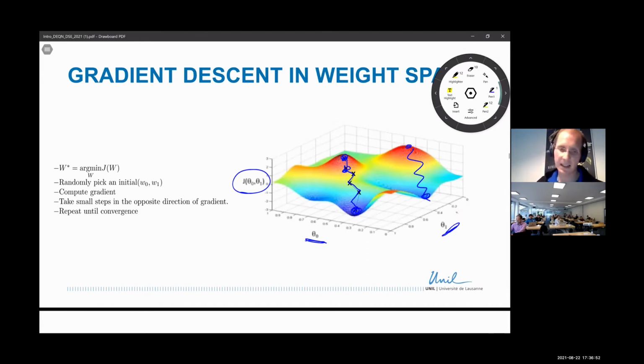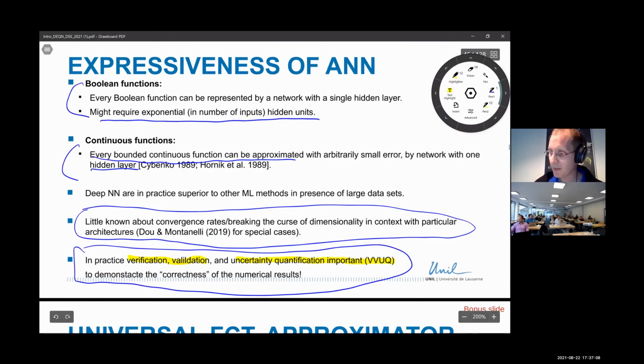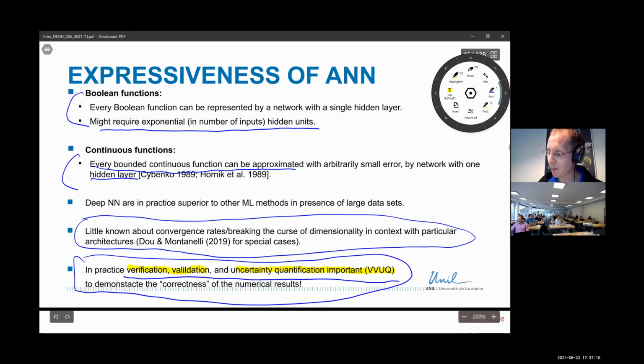So this example makes apparent that these methods work, but you're not guaranteed to reach the global optimum, only a local optimum. This also goes back to what I said before: you may want to do a bunch of robustness checks on your solution.